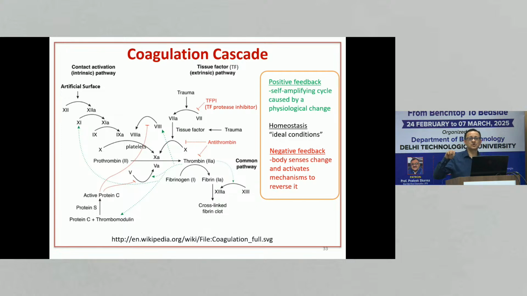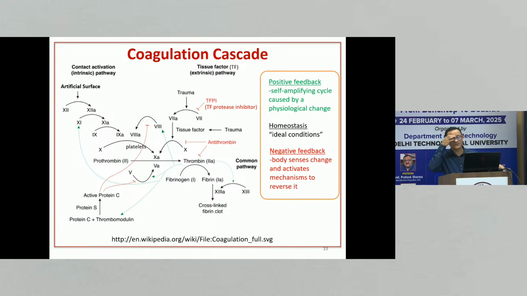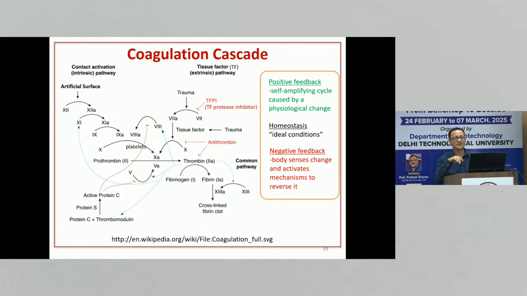And guess what? What is a common anticoagulant? Very common anticoagulant that we have heard about. Heparin, right? Heparin is a common anticoagulant. How does heparin work? Heparin binds to antithrombin, and when heparin binds to antithrombin, antithrombin becomes even more attracted to thrombin and binds more easily to thrombin.